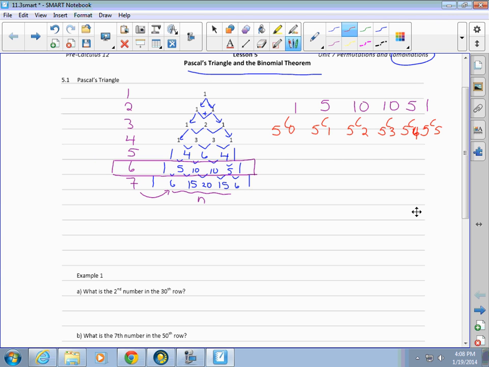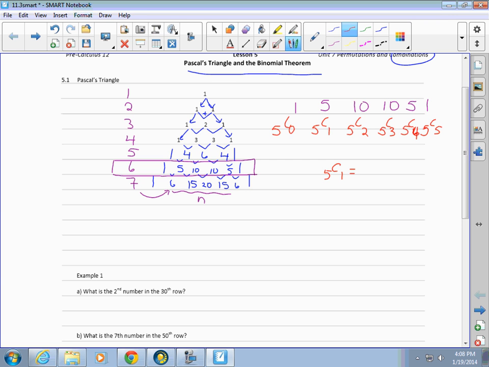If you were to calculate this, 5C0 or 5 choose 0 is a value of 1. 5 choose 1, I'll do that one as in the expansion we did in the last section.